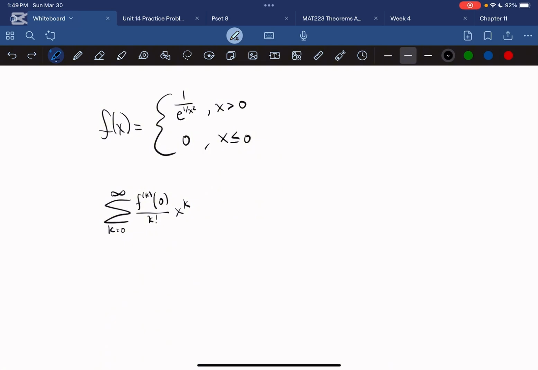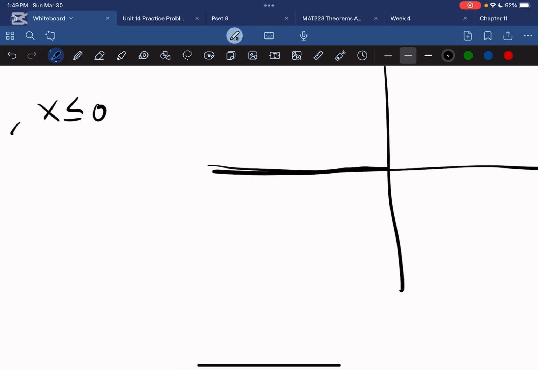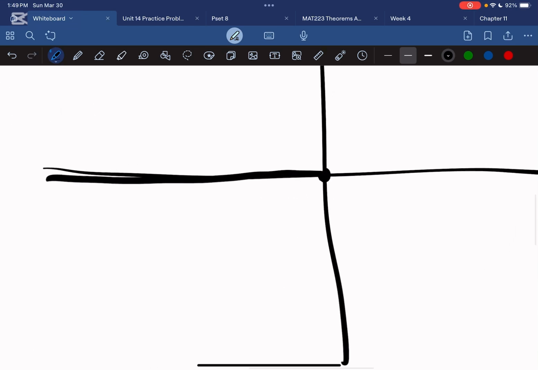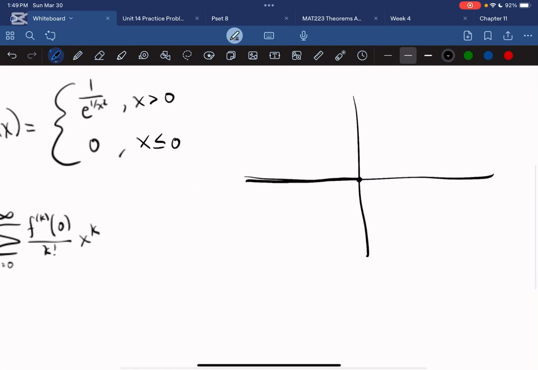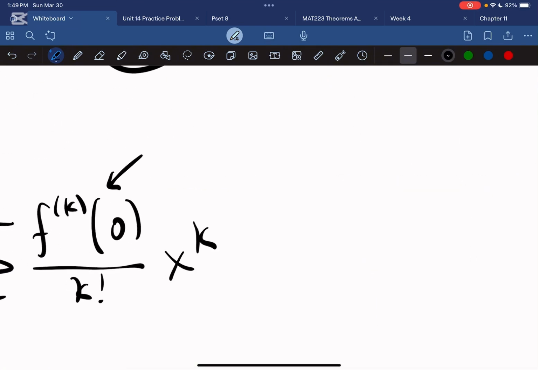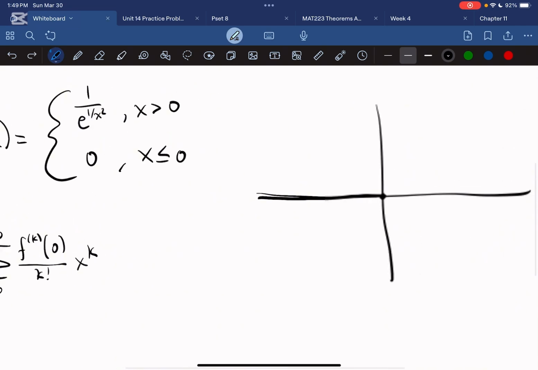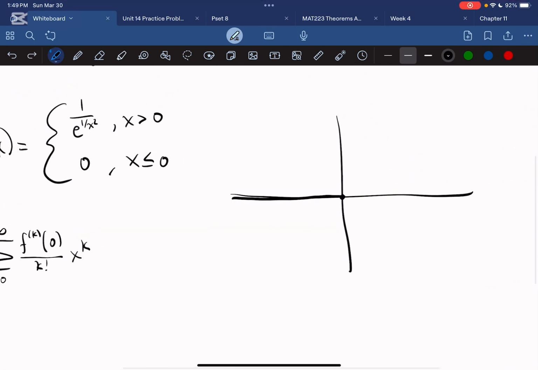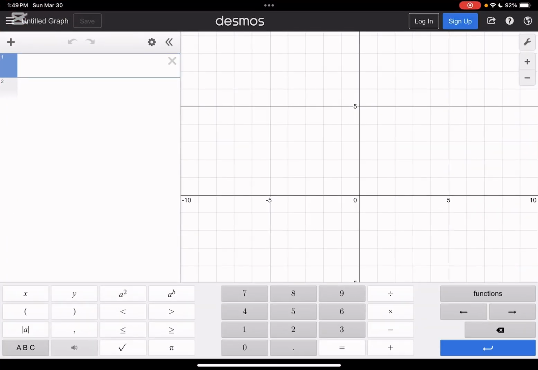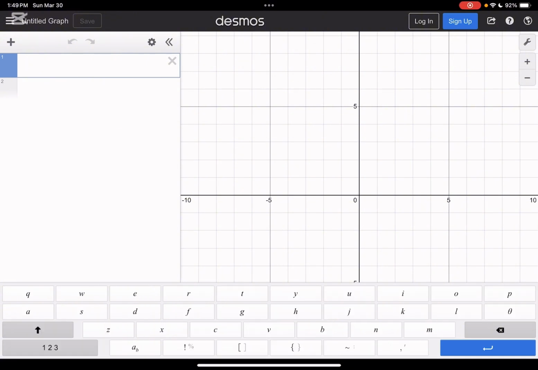And I'll show you why. If we sketch this function, obviously on this side it's just 0, right? And we agree that the slope over here is all 0. I want to show you that when we evaluate the slope at 0, we always get 0. I would do the algebra, but I think it'd be cooler to show you.